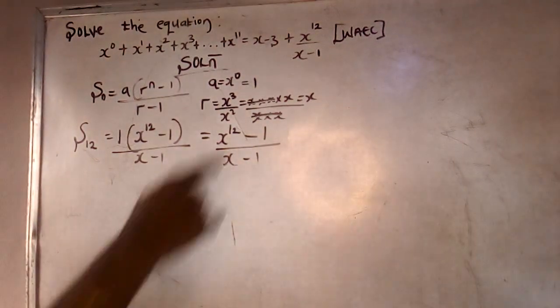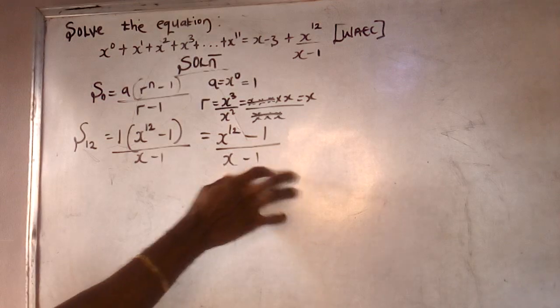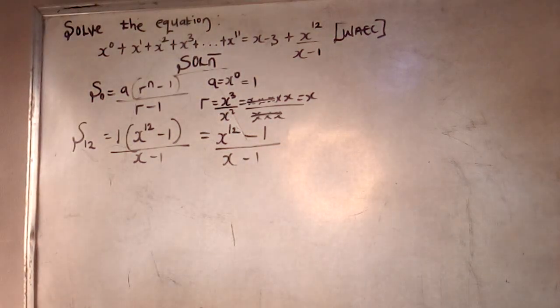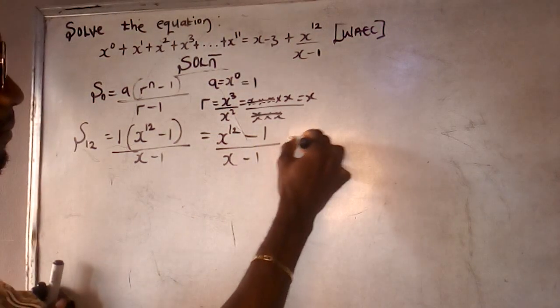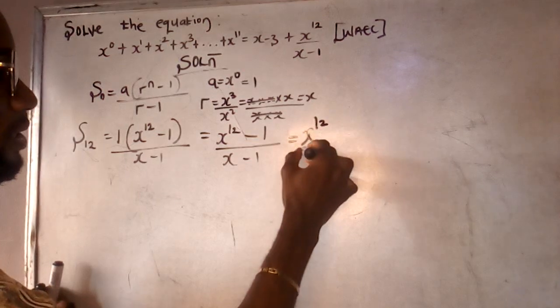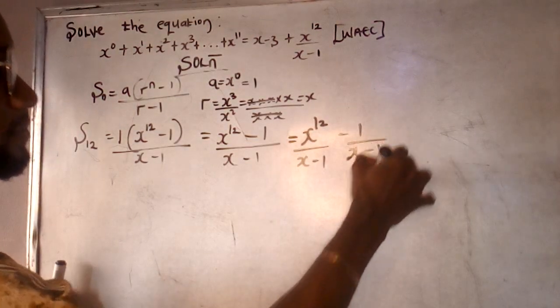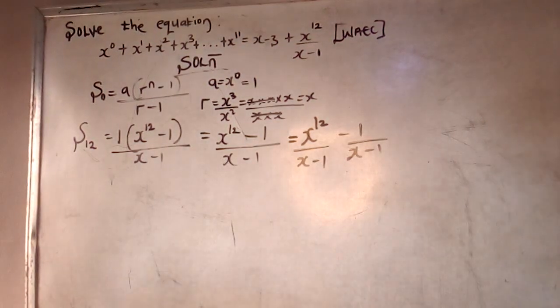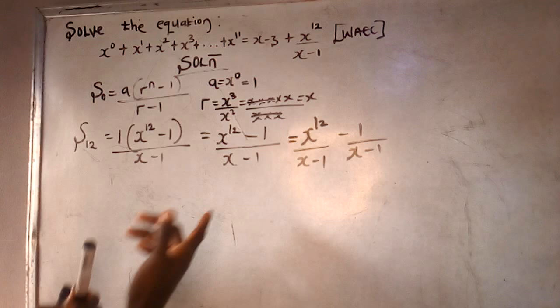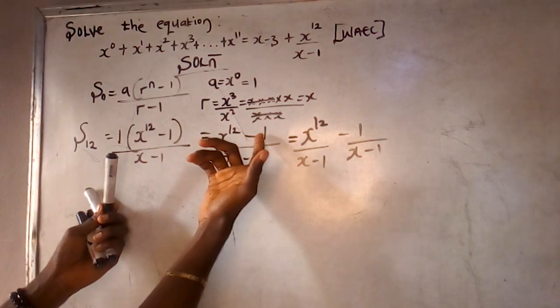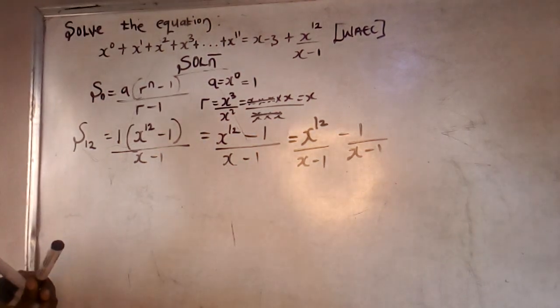So that means that everything at the left hand side is equal to this, but I can still split this to become x raised to the power 12 divided by x minus 1, minus 1 divided by x minus 1. This is algebra; I'm using algebra to solve this. When we have something like this, one divided by this and minus 1 divided by this is still the same thing.